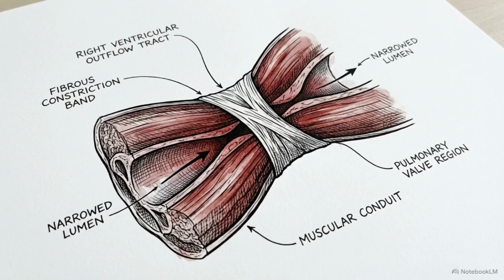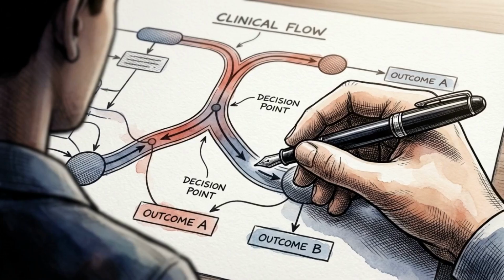Tetralogy of Fallot and tricuspid atresia are textbook examples. Both feature severe obstructions choking off pulmonary flow, forcing deoxygenated blood into the systemic circulation. Structuring your written answer via this shunt direction and flow volume matrix demonstrates complete pathophysiological mastery to the examiner.